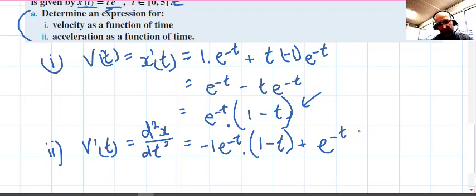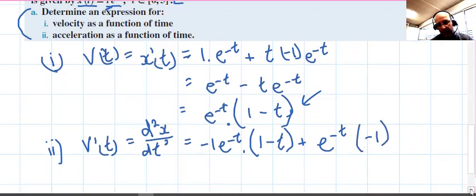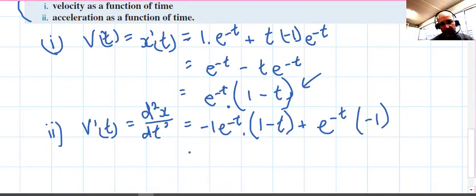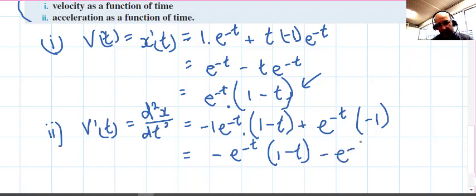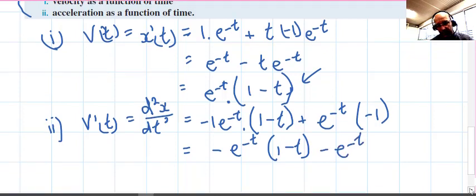The derivative of 1 minus t is negative 1. And tidying up here, we have negative e to the negative t times 1 minus t. And negative 1 times e to the negative t is minus e to the negative t.